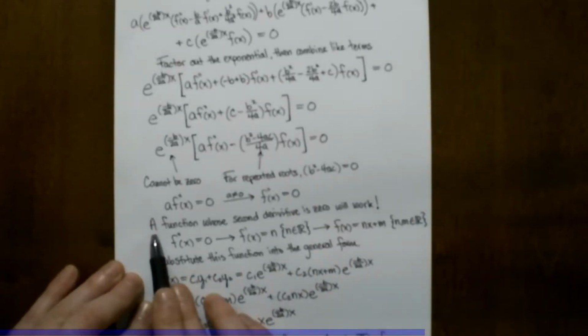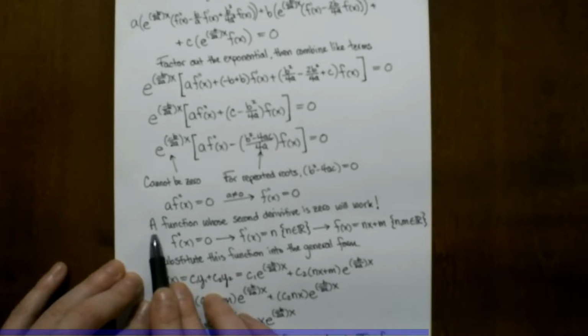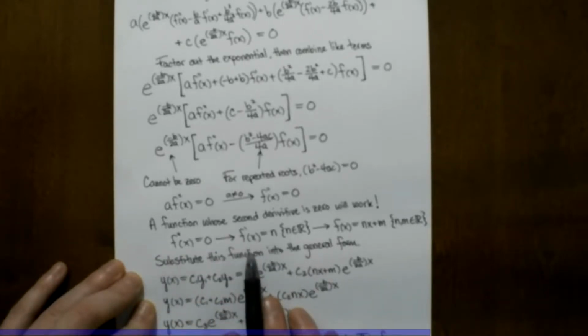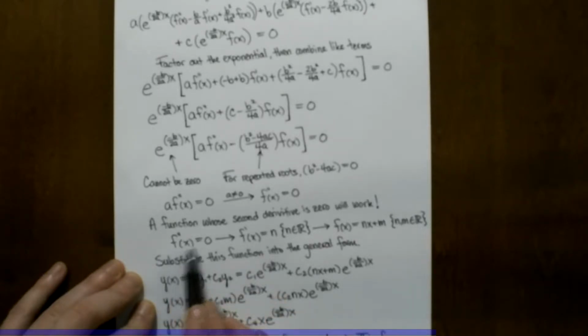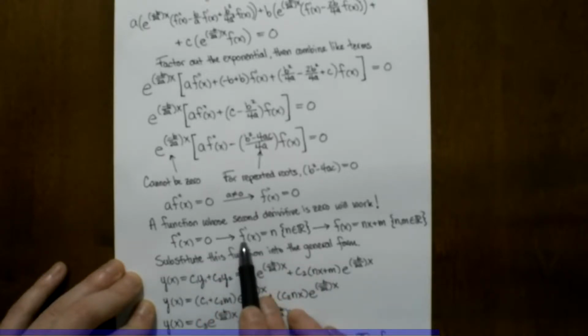So, the function that we're looking for is any function whose second derivative is 0. So let's just state that f double prime of x equals 0, and let's undo a derivative. F prime of x, well, that could be any function with a constant, and only a constant.